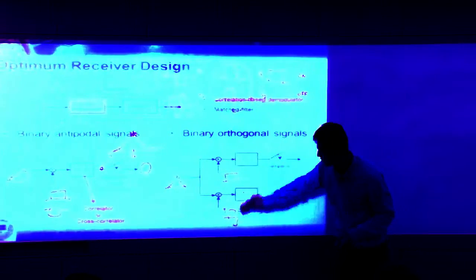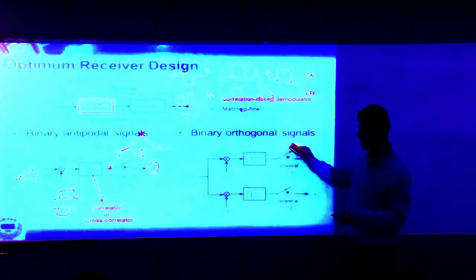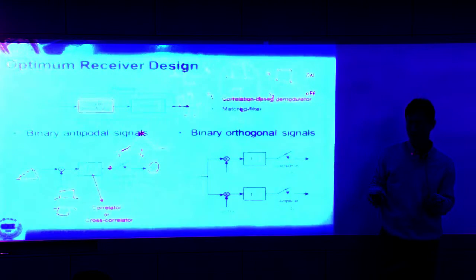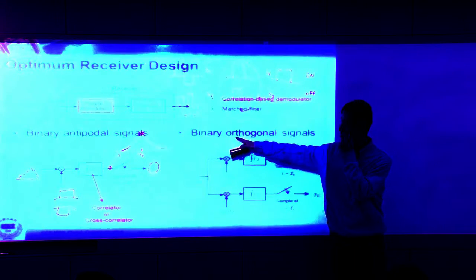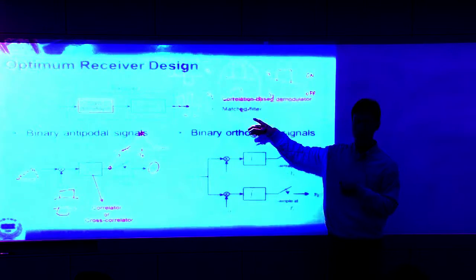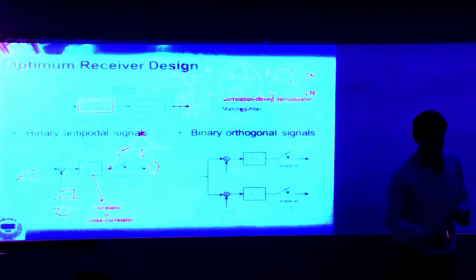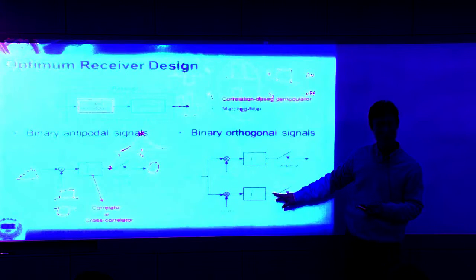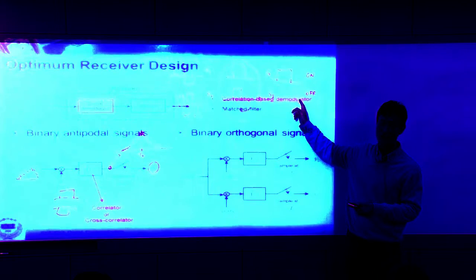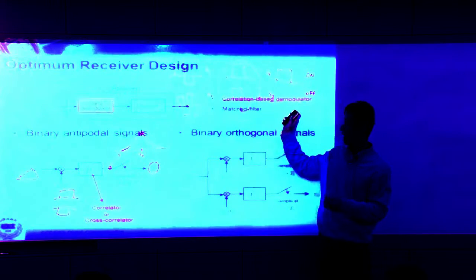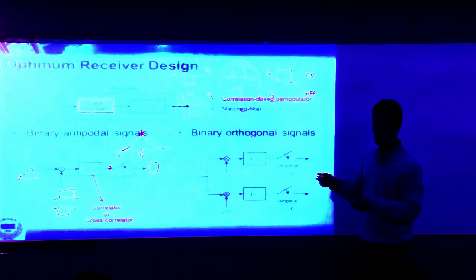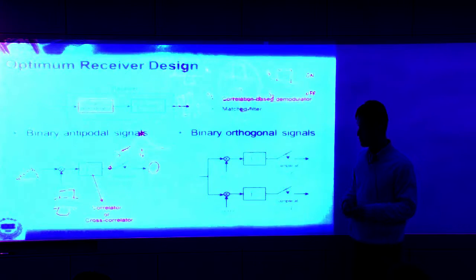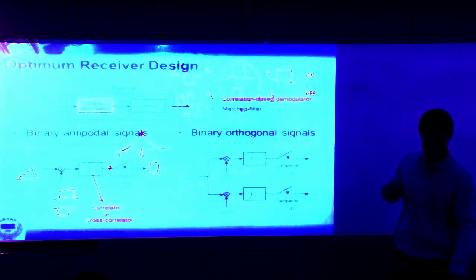This correlator block for binary orthogonal signals is a general block diagram for any orthogonal signals. There are many different ways of designing orthogonal signals. I'm just giving you the simplest way, but don't think you're going to get 0. You get 0 only for this very special case. For every orthogonal signal, this block will apply.